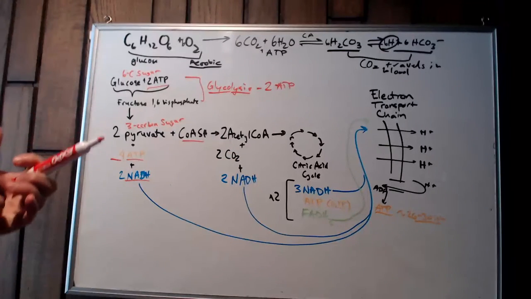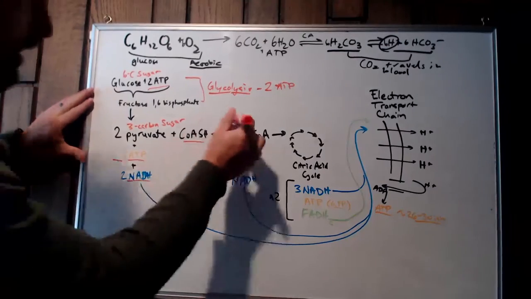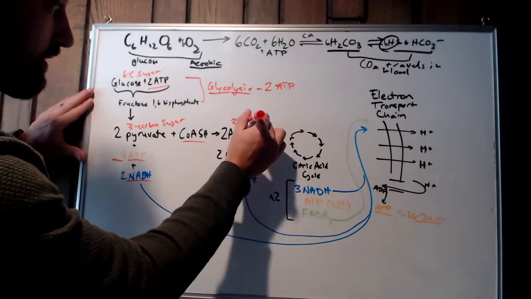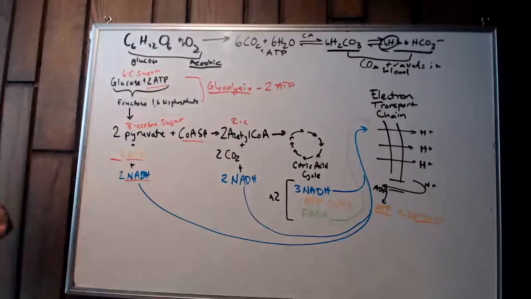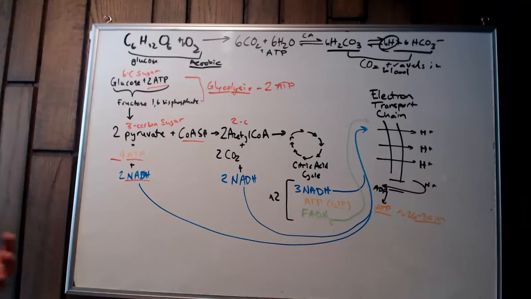Either way, this acetyl-CoA is going to be a 2-carbon structure, and that 2-carbon structure is going to feed into the citric acid cycle. The citric acid cycle is going to do a whole lot of random stuff to this acetyl group.